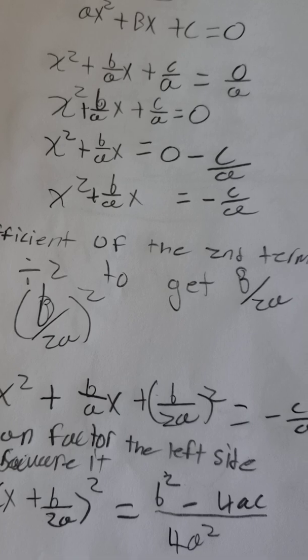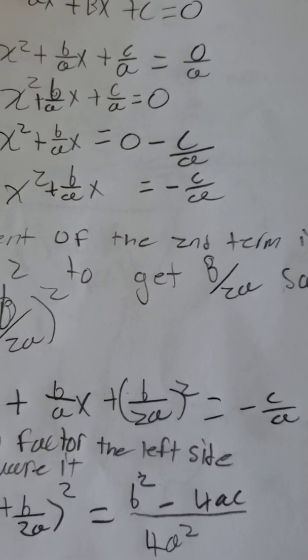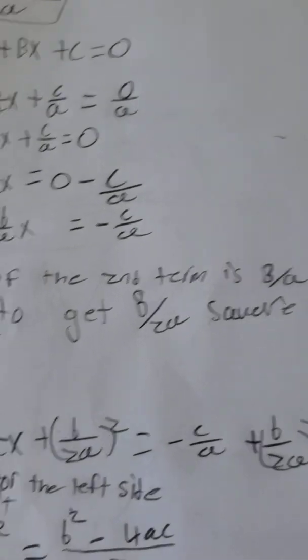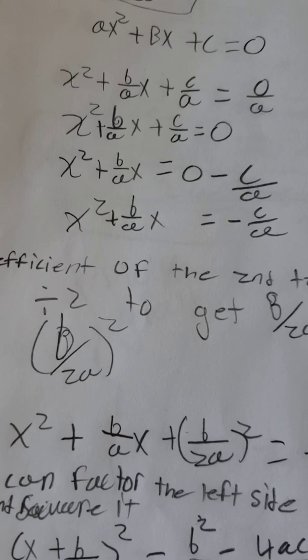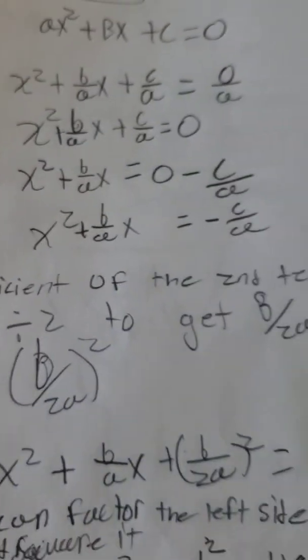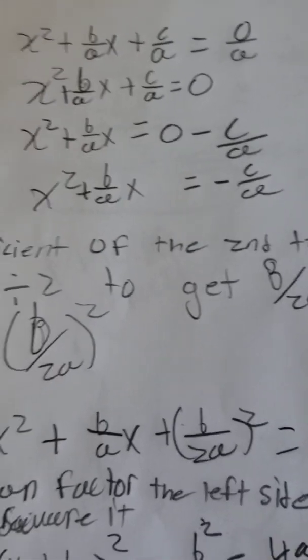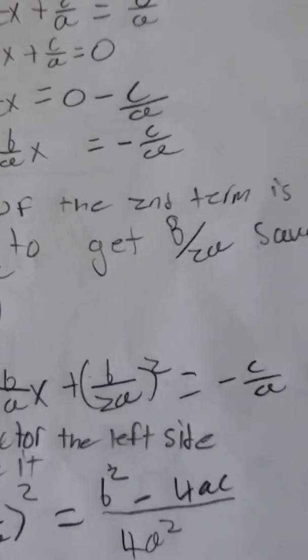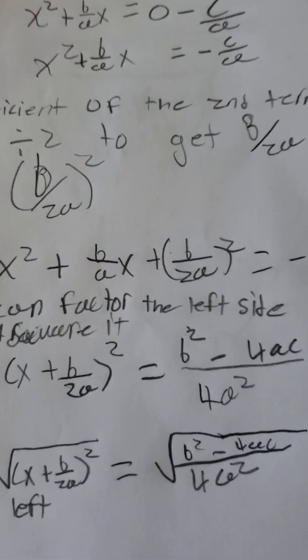We're going to divide by 2 to get b over 2a, and we're going to square that result. So b over 2a squared. This is kind of to remedy what we did in the beginning, which wasn't necessarily correct, to divide everything. Well, we could have done it, but this is where the completing the square method becomes slightly more difficult than other methods.